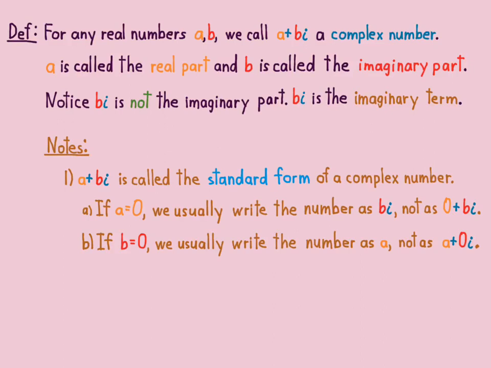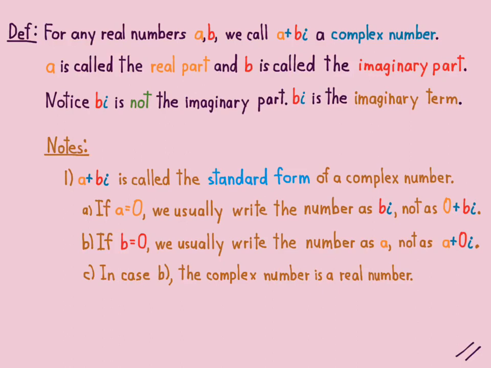It's just the way we like to do things, to keep things simpler. So when b equals 0, the complex number is actually a real number. So real numbers are complex numbers, but not all complex numbers are real numbers. Most complex numbers are not real numbers, in one sense at least.